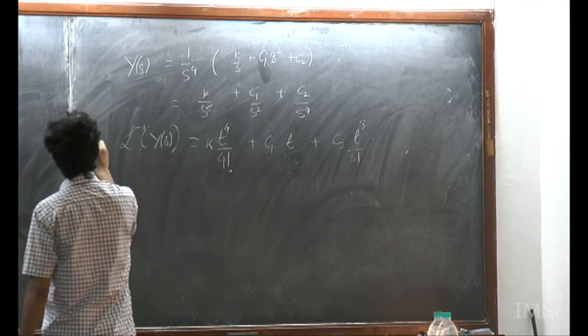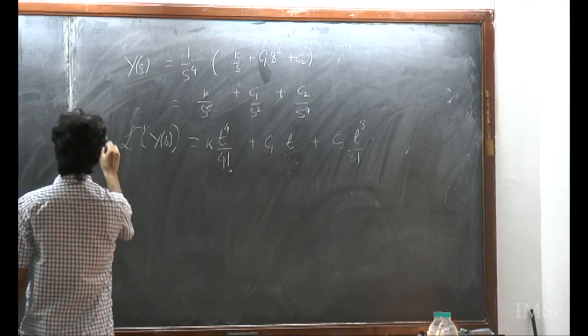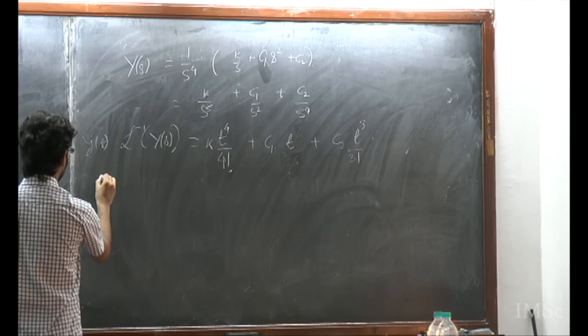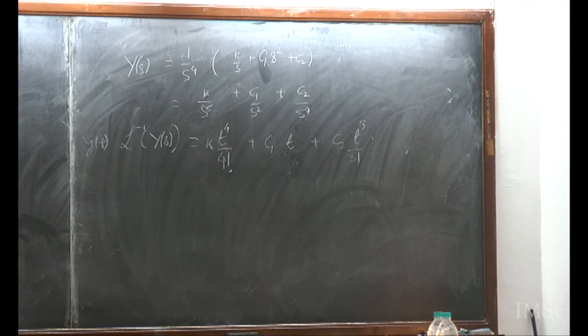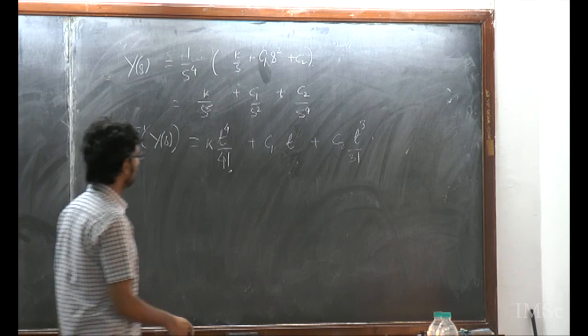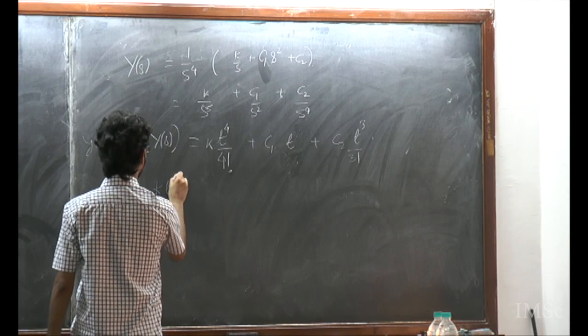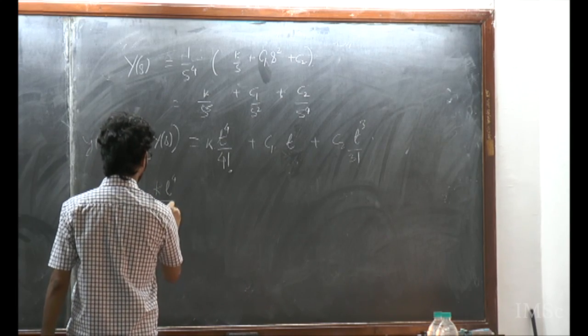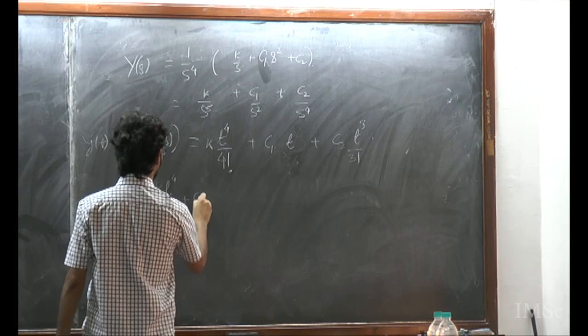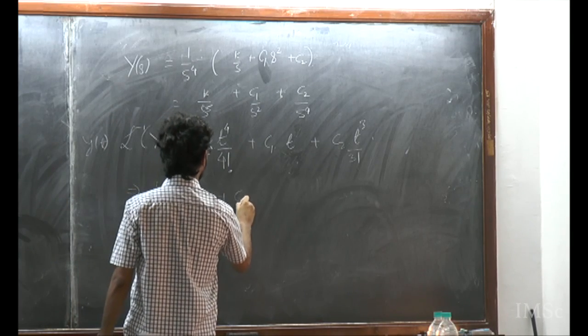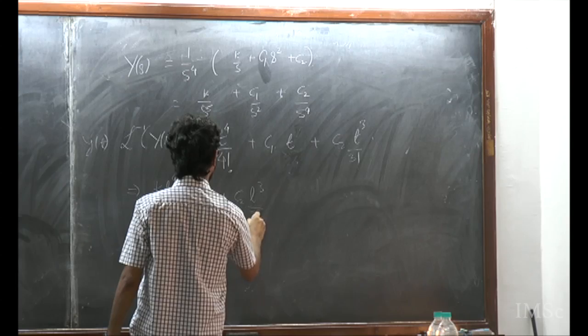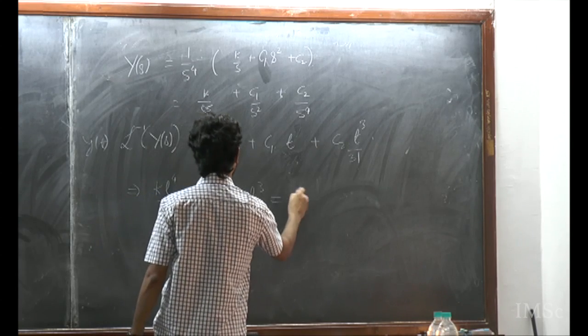So this is y(t). So y at L is 0. Okay. So this implies k L to the power 4 by 4 factorial plus C1 L plus C2 L cube by 3 factorial is 0.